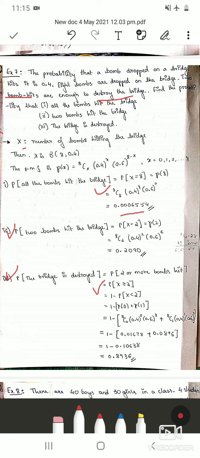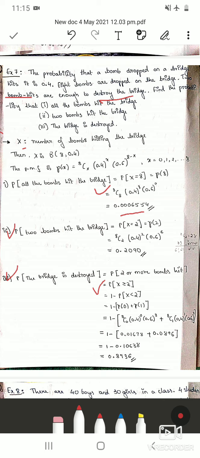After that, even though you drop the third bomb, the bridge is already destroyed. Even if you drop the 4th, 5th up to the 8th bomb, the bridge will be destroyed. Therefore the probability of the bridge being destroyed is nothing but the probability of x greater than or equal to 2.